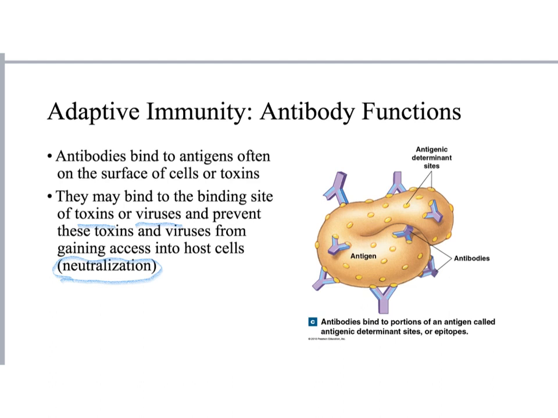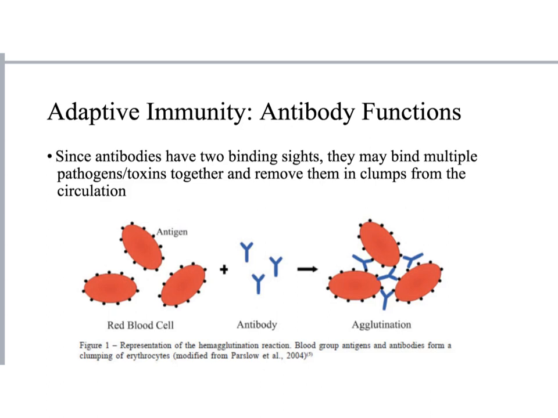It neutralizes those antigens. Another function of antibodies is what we might call agglutination, which is really a clumping of cells or proteins that contain these foreign antigens. So remember, the antibody has two antigen binding sites, right?